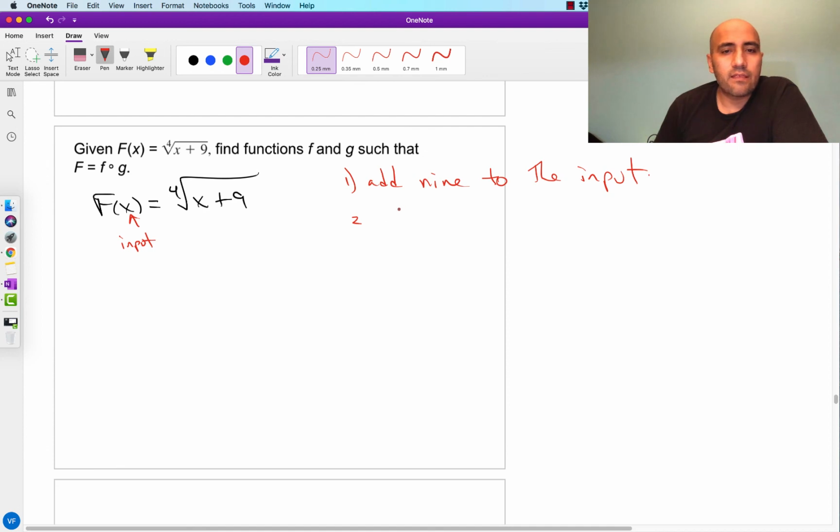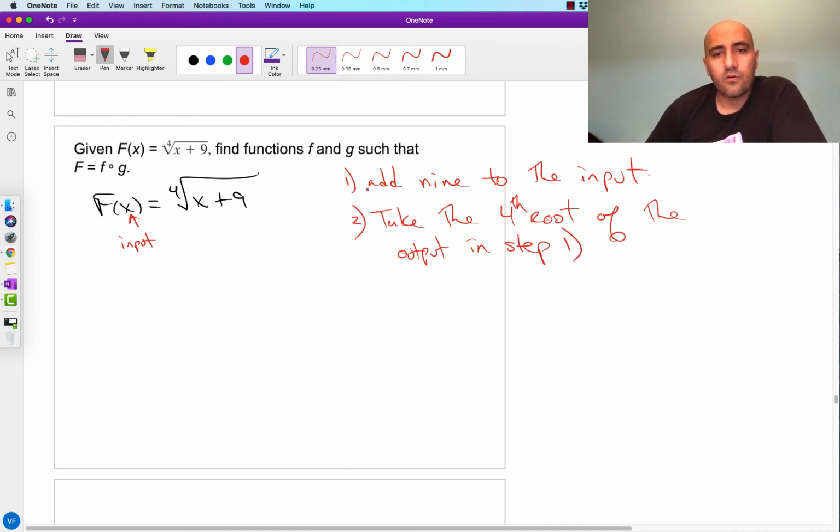And then take the fourth root of the output in step 1.